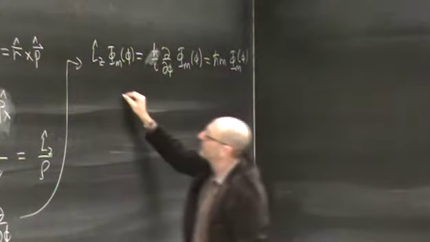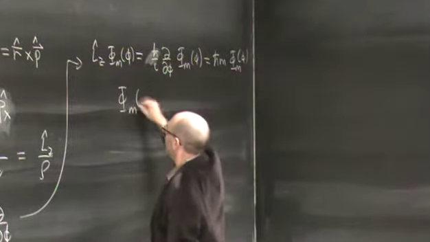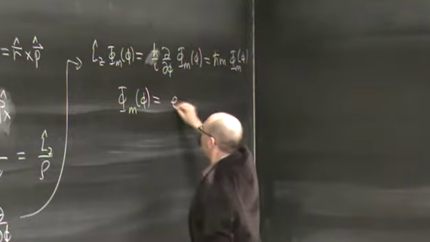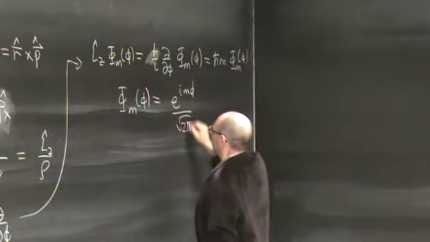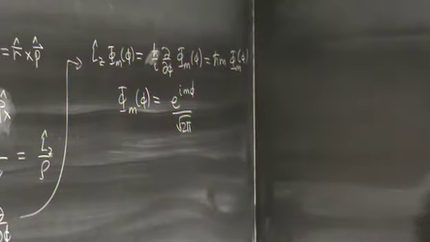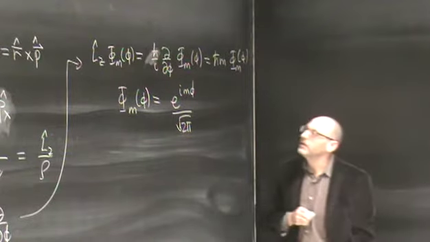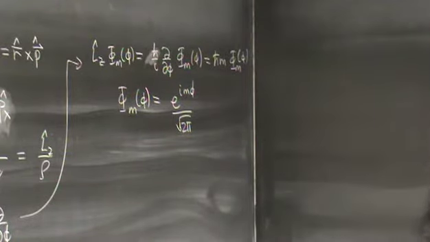That's to say the eigenfunctions are just the plane waves with respect to phi, which are e to the i m phi. And then we can normalize them because phi goes from 0 to 2 pi.